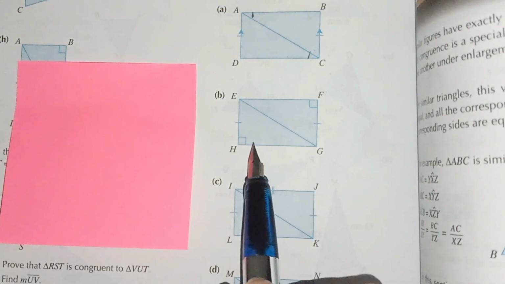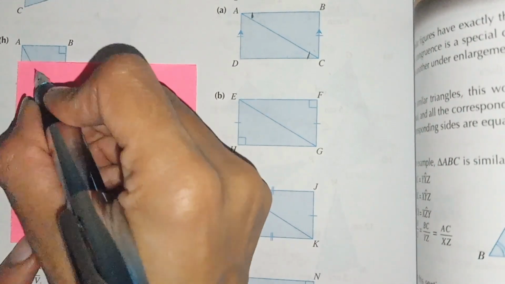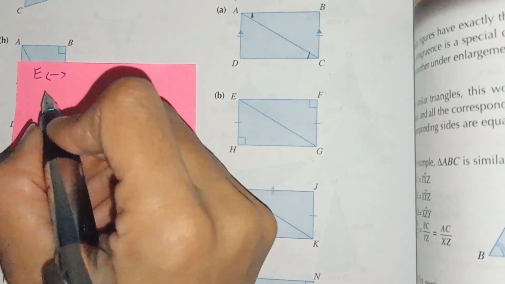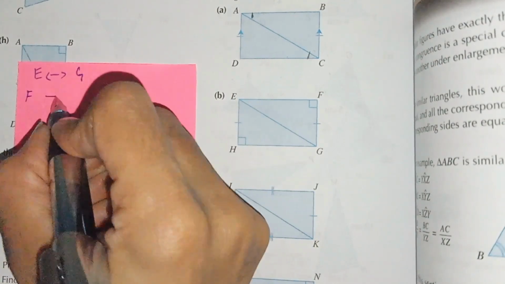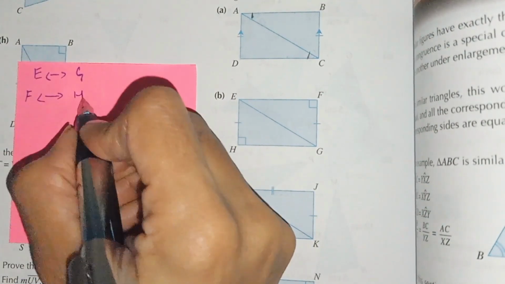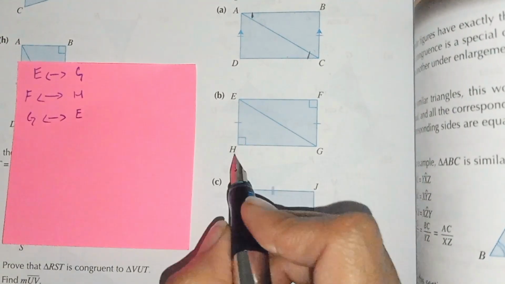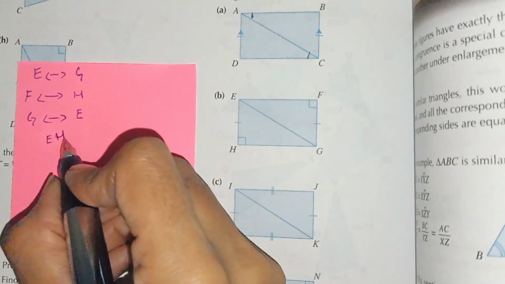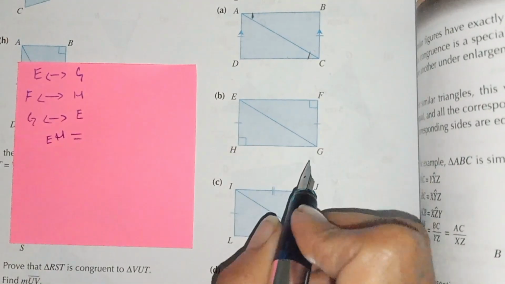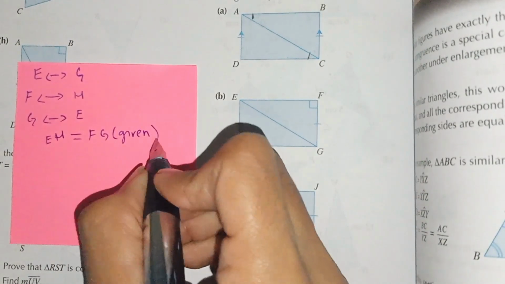You can visualize it by placing the triangle on this triangle. E is equivalent to G, and F is equivalent to H, and G is equivalent to E, and EH is equal to FG, and that is given to us.